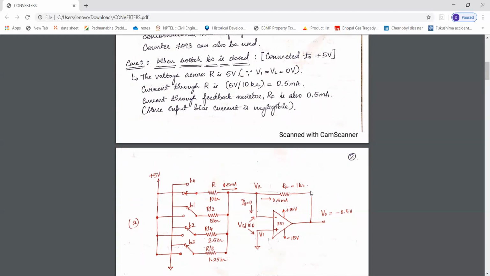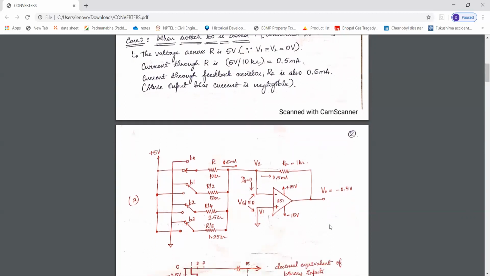That gives the output voltage as 0.5 milliampere into 1 kilo ohm, that is equal to minus 5 volts, minus because this is an inverting op-amp. So the output voltage is minus 5 volts when switch B0 is closed.